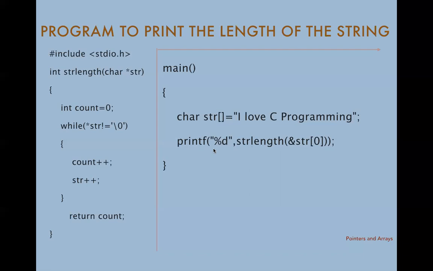So when I say int asterisk ptr, ptr is going to hold the address of an integer. So initially if ptr is 1000, when I say ptr plus 1, it will become 1004 because an integer occupies 4 bytes of memory space. Only if it increments by 4, it moves on to the next integer. Otherwise, it will be somewhere in the middle of the first integer itself. It won't get a value at all.